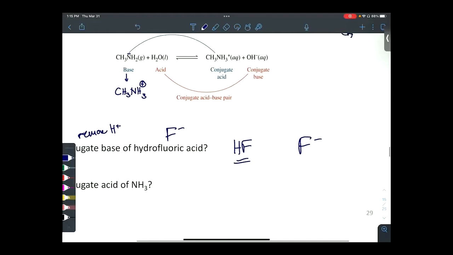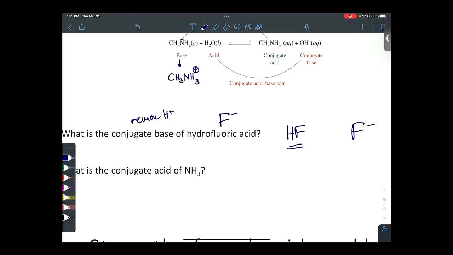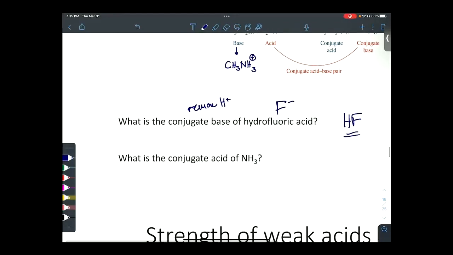What is the conjugate acid of NH3? So, cool, I give you the formula here. NH3 is a base. So if we want to draw the conjugate acid, are we going to add or remove an H+? Add. We're going to add an H+. So if we add an H+ to NH3, it becomes NH4+.